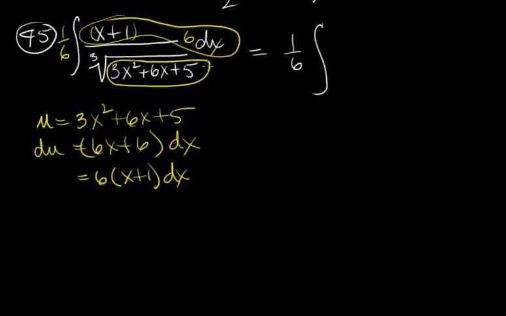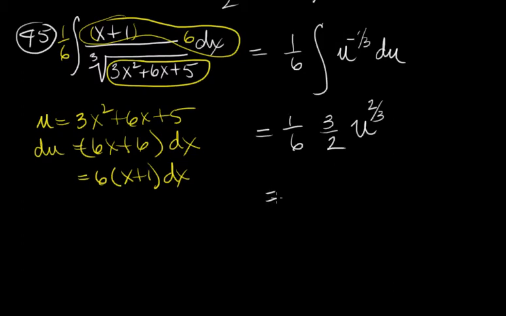So this is simply u to the 1/3 in the denominator, so moving it up, it becomes u to the minus 1/3 du. And we integrate 1/6, raise it by 3/3, so we get 2/3, multiply by its reciprocal 3/2. So let's see, we get 1/4 u, which is 3x squared plus 6x plus 5 to the 2/3 plus a constant.